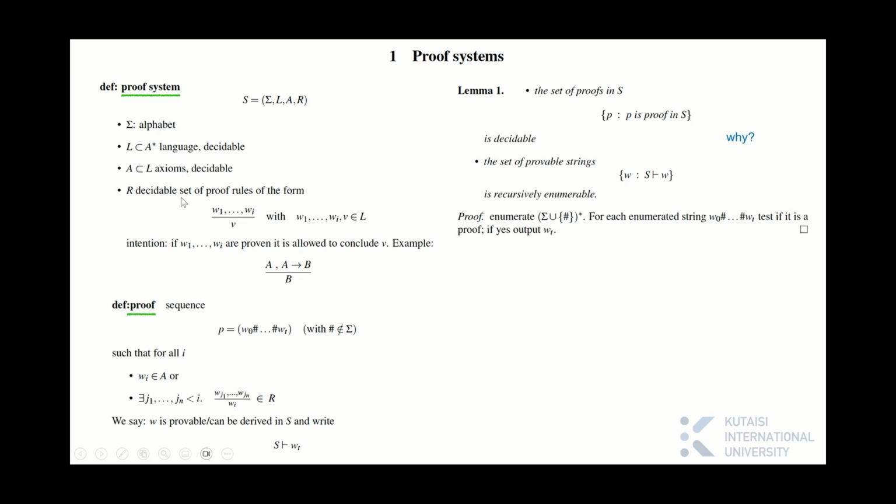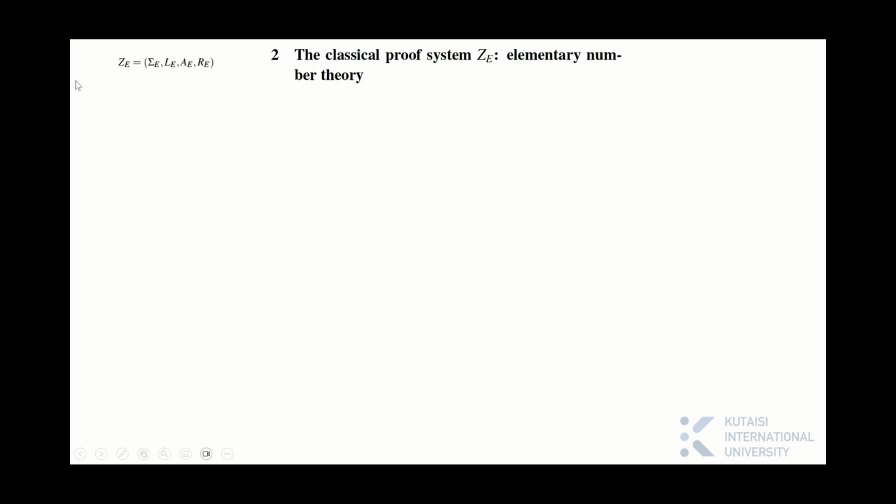And so we are going to try to build the important proof system of elementary number theory. Elementary number theory is addition and multiplication on natural numbers. So let's start to build this. We call this proof system ZE, I guess for Zeile or something German, E for elementary.